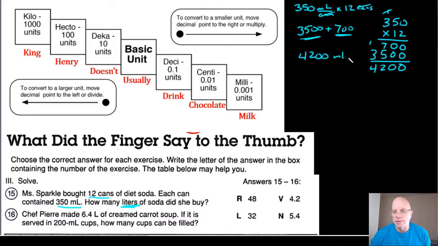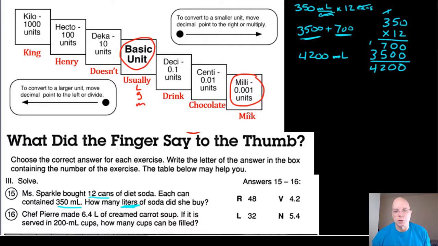But we're not done because the units are currently milliliters. If we'd like to convert to liters, we need to consider our conversion chart. We're currently in milliliters, and we're trying to get to liters, which is a base unit. Liters, grams, and meters are your base units.